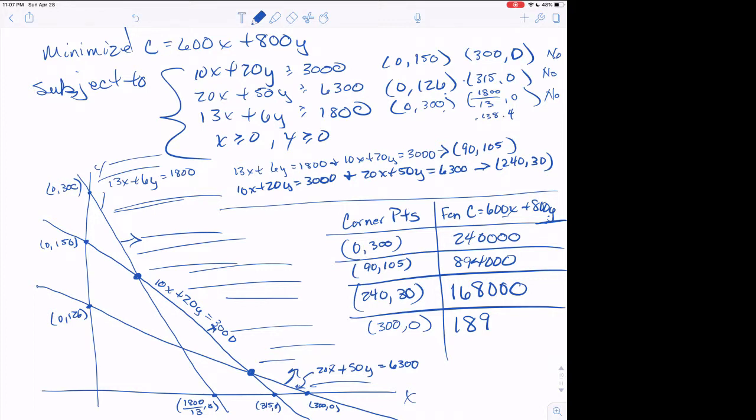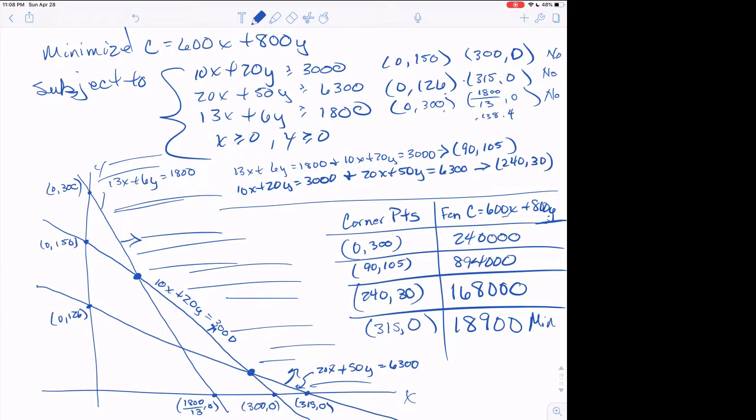And I have these backwards. So this should be 300, 0, and this should be 315, 0. And so my minimum is here.